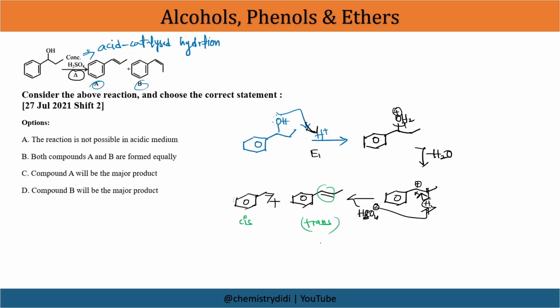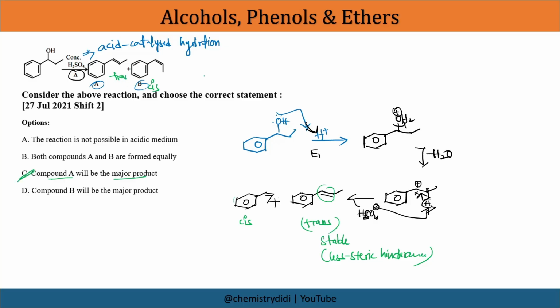Generally, the trans product will be more stable than the cis product because the groups are on opposite sides, so there is less steric hindrance in trans. Just don't mind my handwriting. So compound A will be the major product because this is the trans product and this is the cis product. Trans will be the major product.